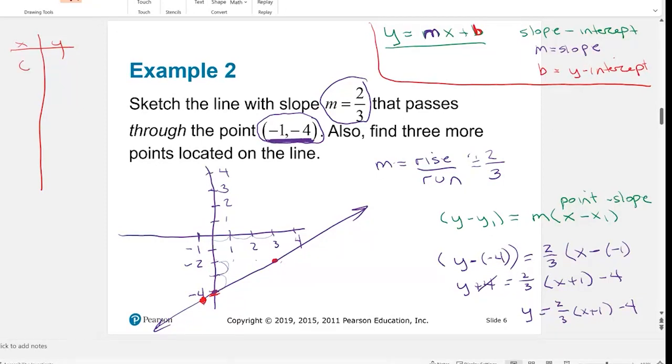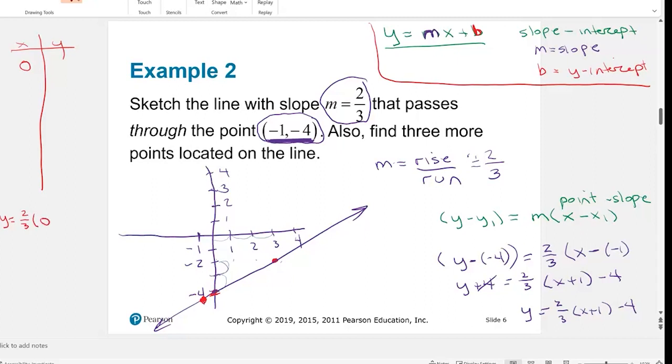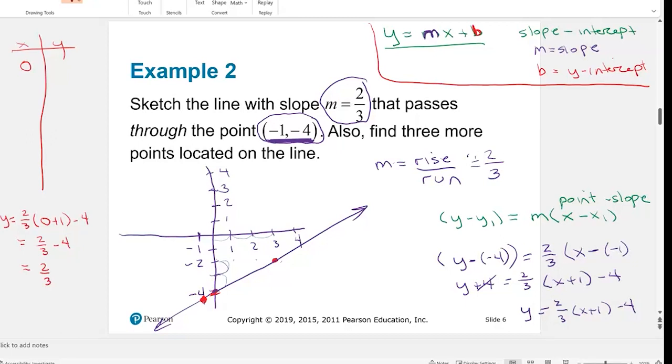So if x = 0, y equals 2/3 times 0 plus 1 minus 4, which is equal to 2/3 minus 4. You can use your calculator, but if we're subtracting two numbers and one of them is a fraction, then we consider both of them fractions.